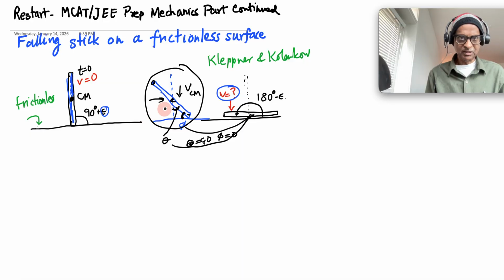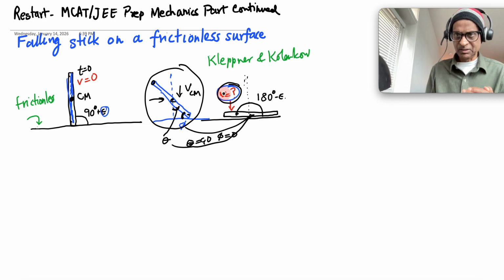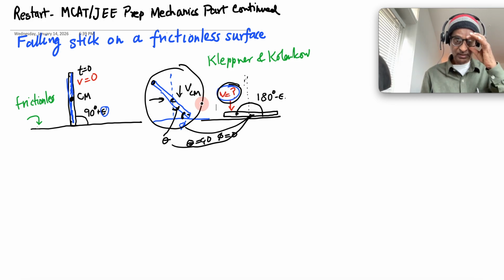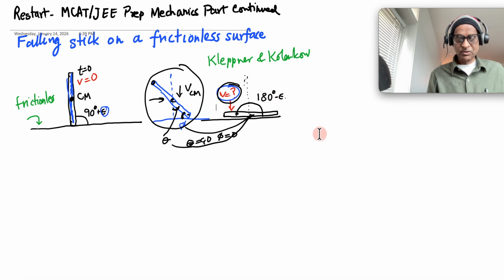What is a clue here? How can we answer this question? Since we're just trying to get a speed, it looks like we can use energy, maybe kinetic energy, a good idea to use.